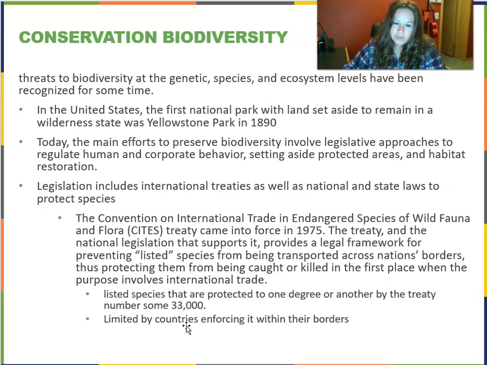So listed species that are protected to one degree or another by the treaty number some 33,000 species. This is limited by countries actually enforcing this within their very own borders.